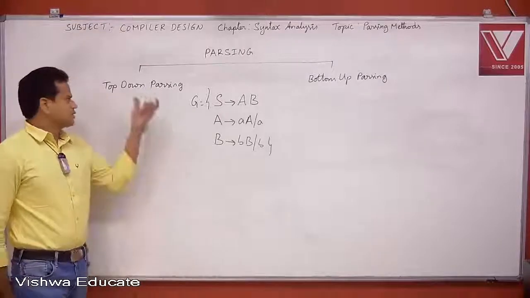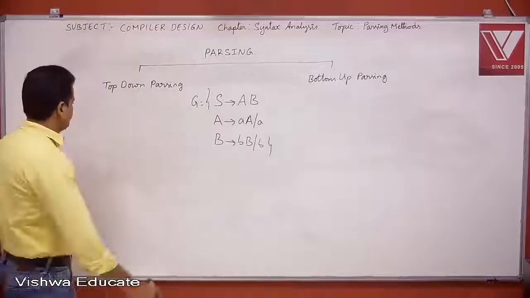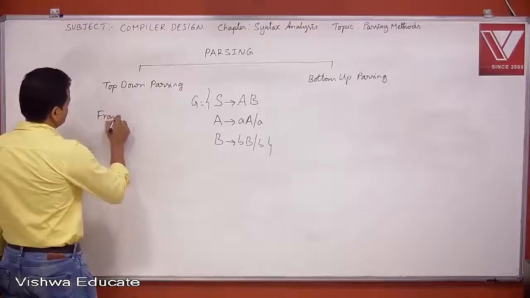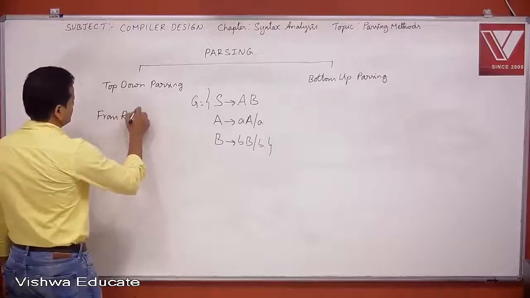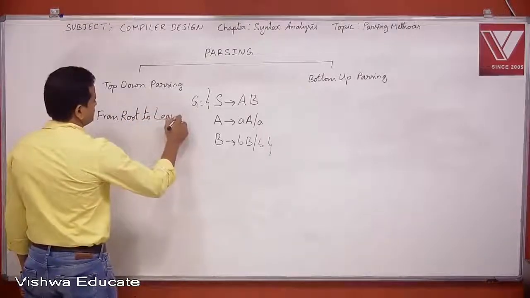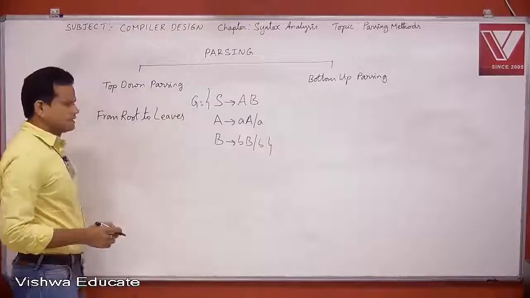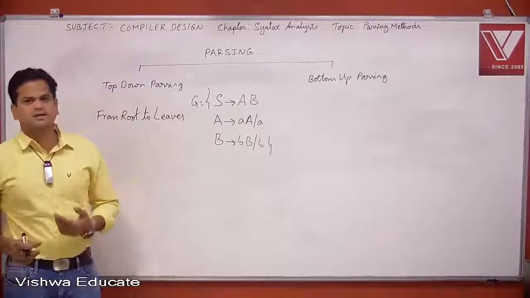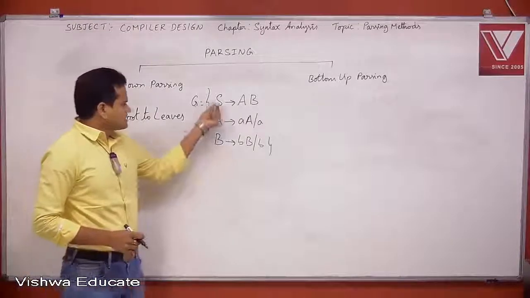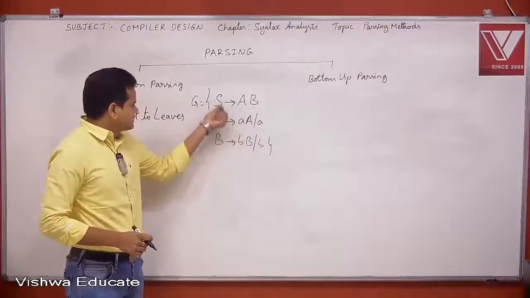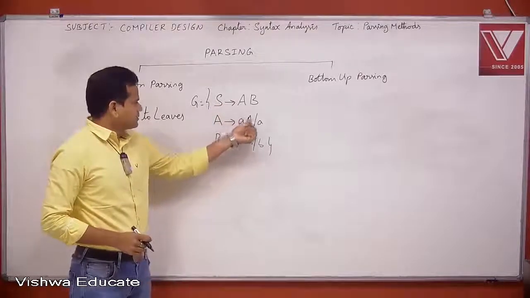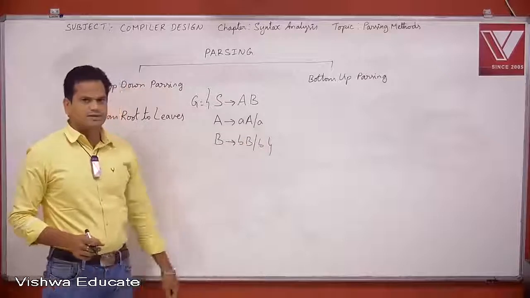What is top down? It is from root to leaves. This means it starts from the start symbol and derives the string. What is the start symbol in this grammar? Let S be the start symbol, and S, A, B are the non-terminals and small a and b are the terminals.